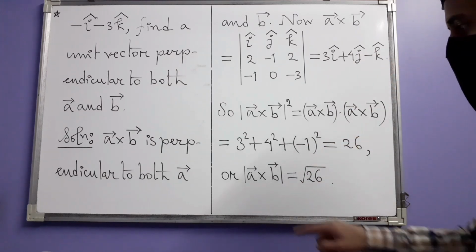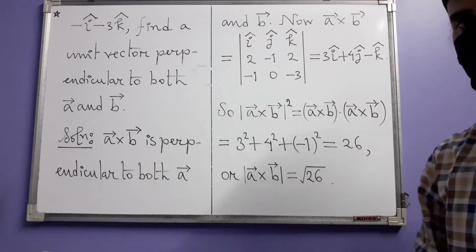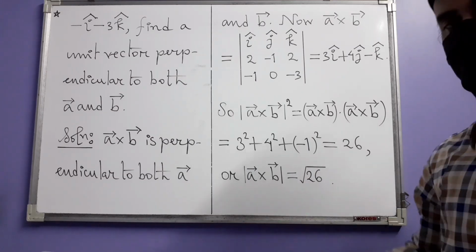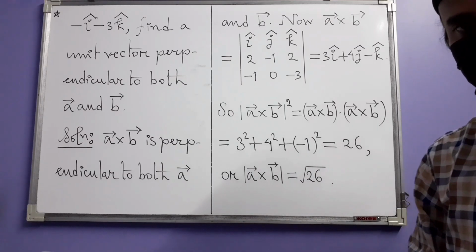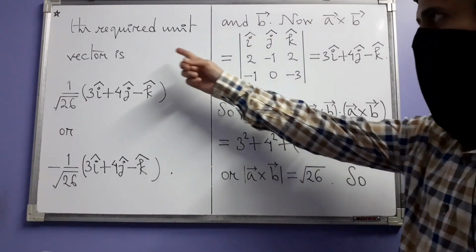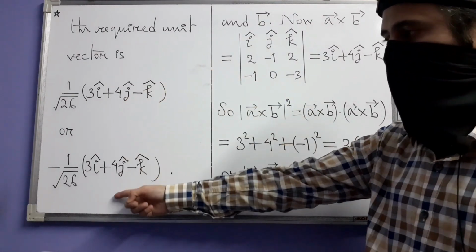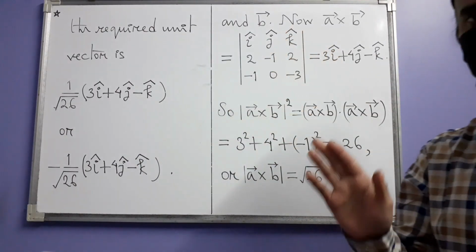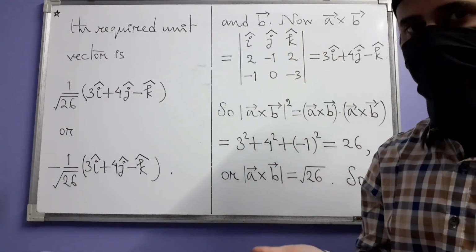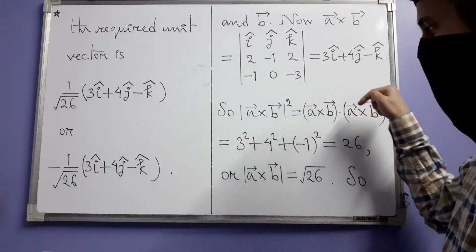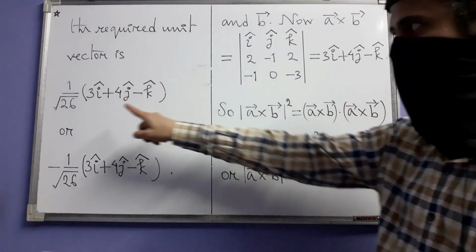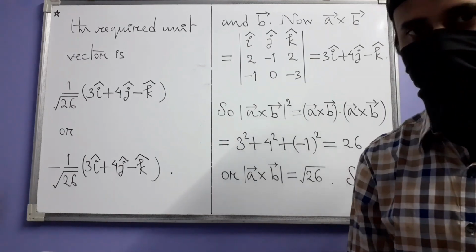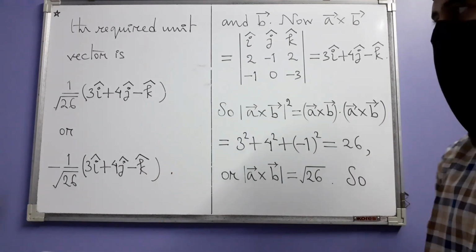This is 26, and that's how the magnitude is square root of 26. It won't be minus root 26 because the magnitude is by definition non-negative. So the required unit vector is either this or this. This one you obtain by simply dividing a times b, the vector product, by its own magnitude, that is square root of 26, and the other one is its negative. These are the two possibilities.